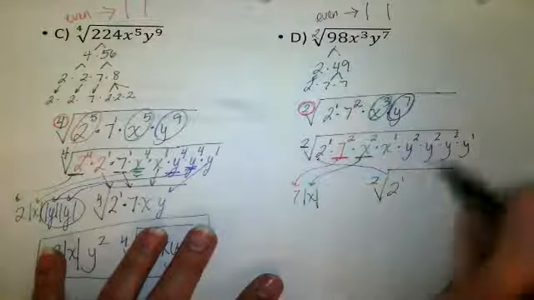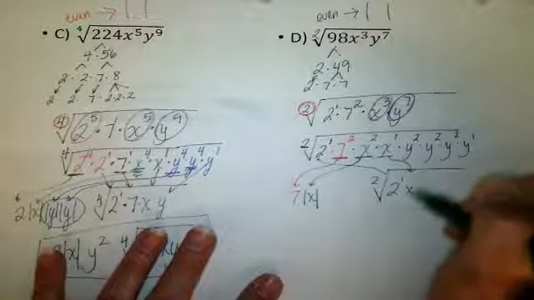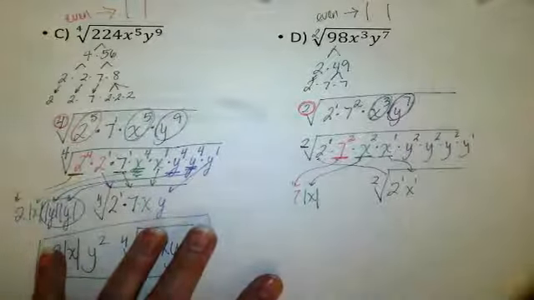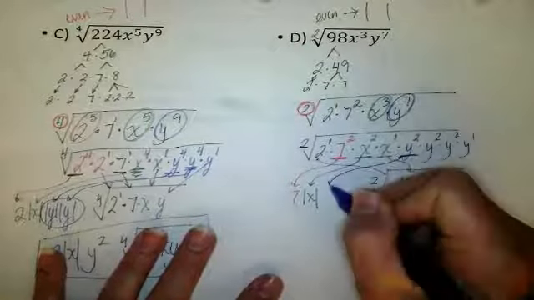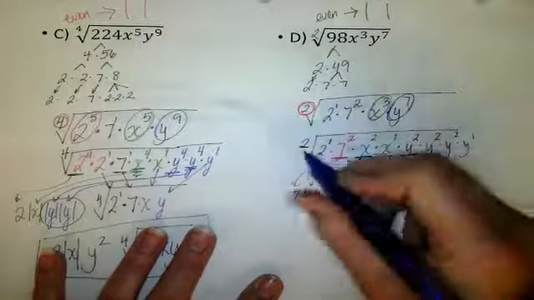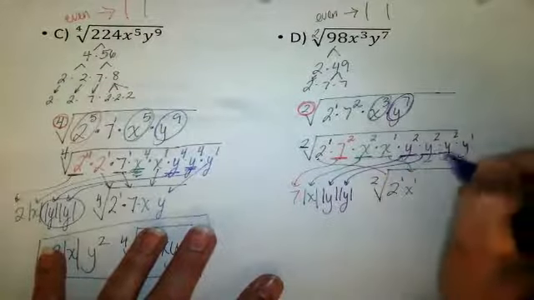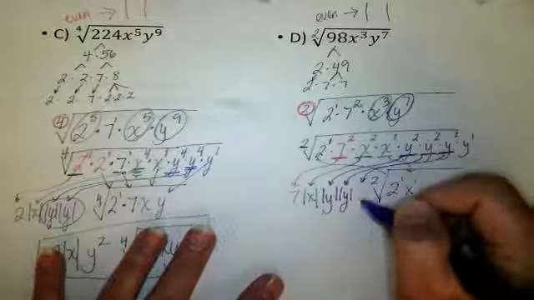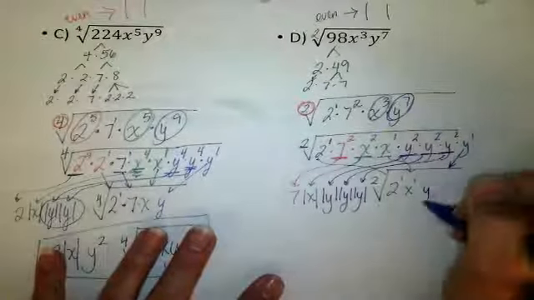Absolute value of x. Good. The square root of x to the first stays inside. The square root of y squared comes out. Absolute value of y. The square root of y squared again, another absolute value of y. And again, the square root of y squared, absolute value of y. Y to the first stays inside.